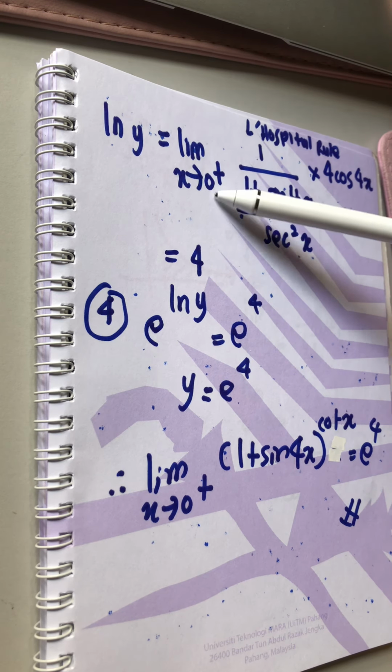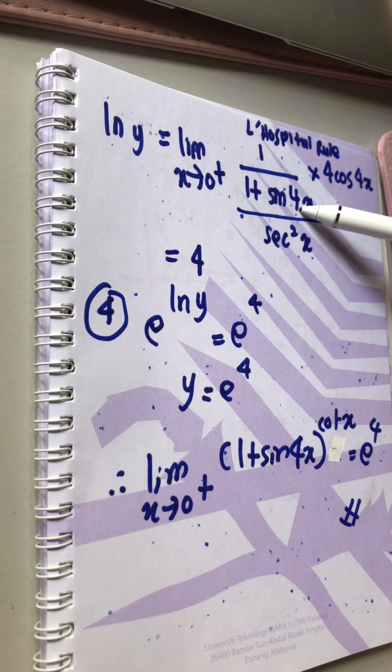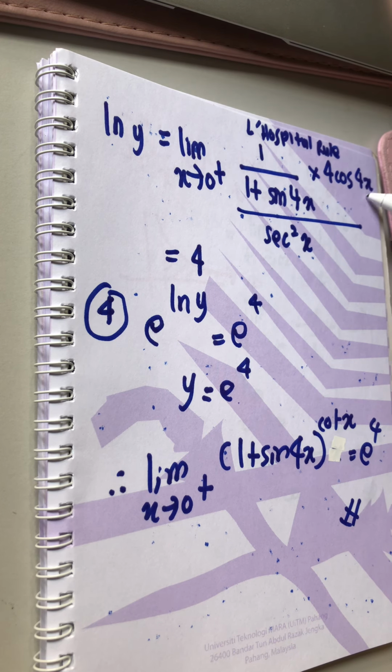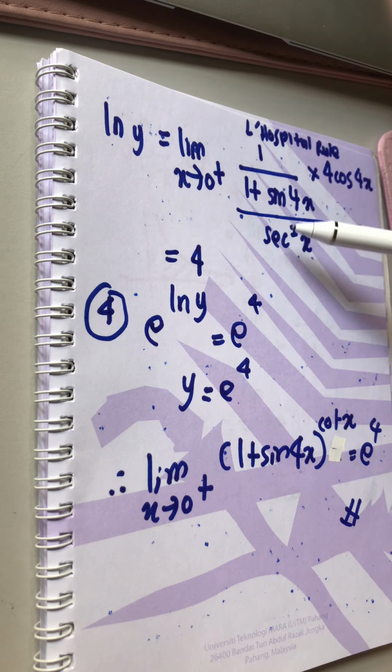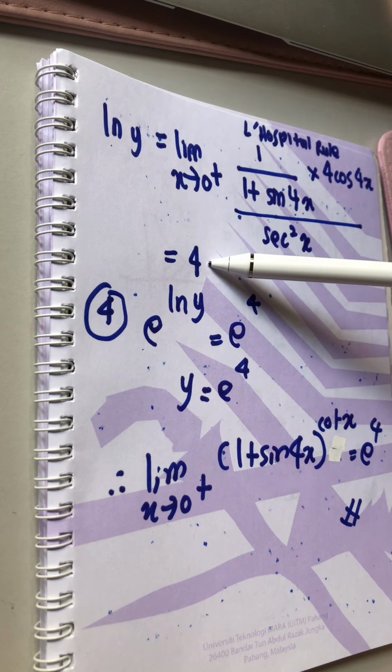Then you substitute x equals 0 into the function, so 1 over (1 plus sine 0), and sine 0 is 0, so 1 over 1, multiplied by 4 cos of 4 times 0. 4 multiplied by 0 is 0, cos 0 is 1, multiplied by 4 is 4. So 4 multiplied by 1, divided by secant, and secant is 1 over cos 0, which is 1. So 1 over 1 is 1, and the answer is 4.